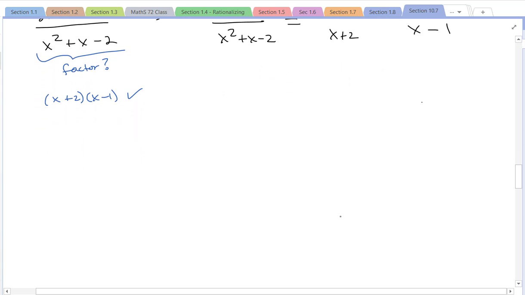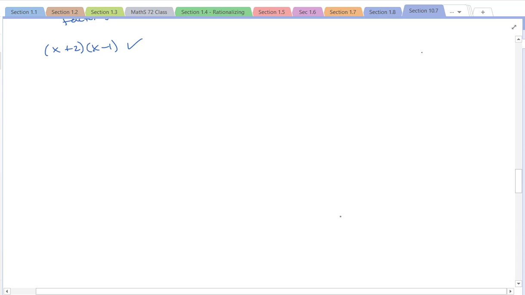Let's set up a few more just to see what they will look like, and I'll record a second video actually solving them. We're just going to set up the partial fraction decomposition, so we won't solve for the coefficients.